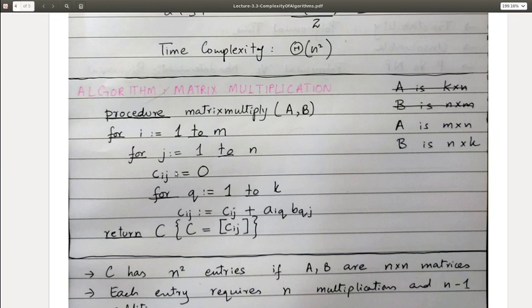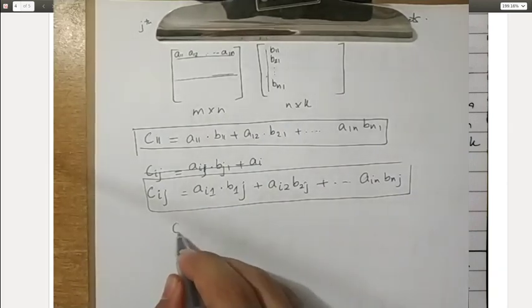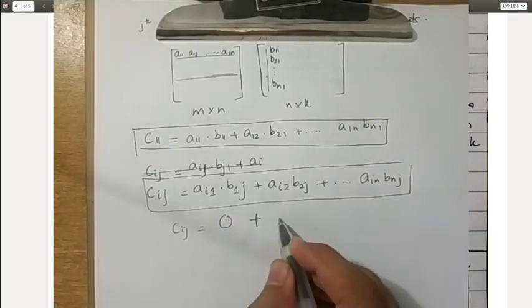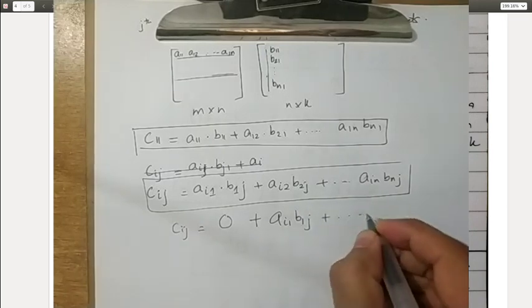So on every step, you first notice that the element is being written as 0, and then you keep adding. You take the first multiplication and add it. Then you do the second multiplication and then add it. So what's being done is, first Cij is set to 0, and then you add ai1 b1j, and then you add them all up.